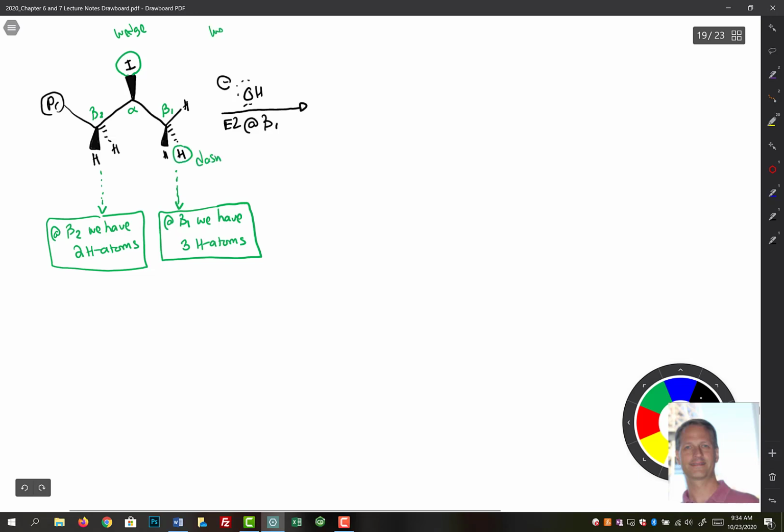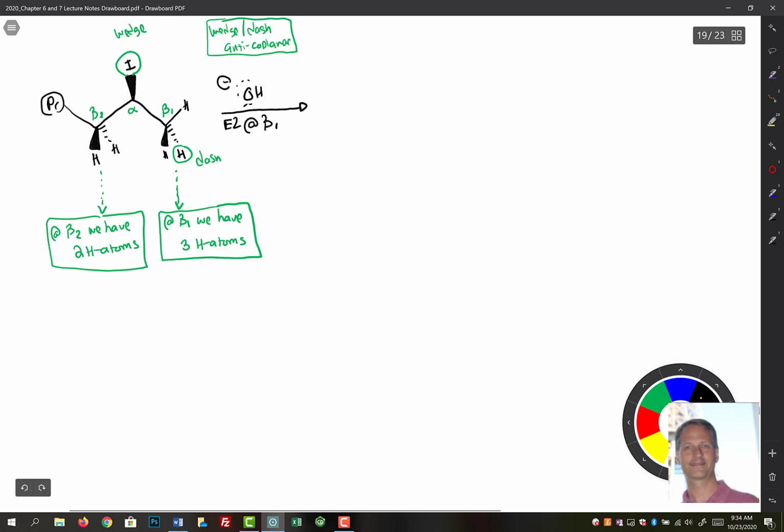Remember, this wedge-dash relationship gives us an anti-coplanar arrangement, and that's required for the E2. So specifically that H is going to be taken.